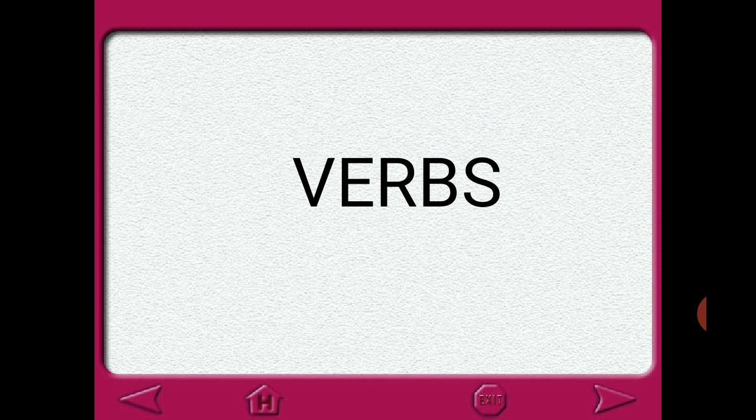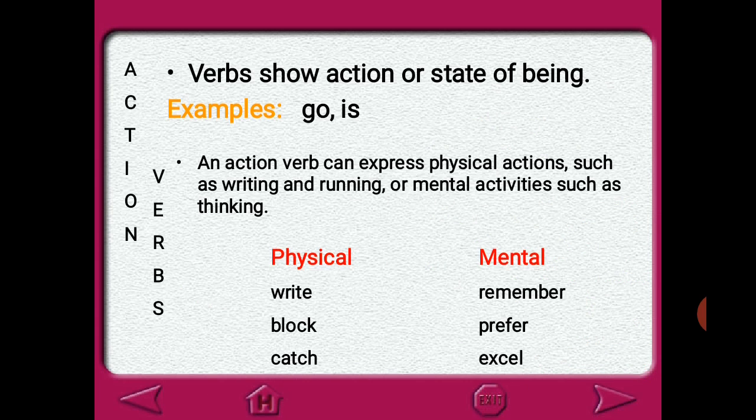Now come to the next part of speech, that is verbs. Verbs show action or state of being. Examples are go. Go shows an action, and is shows the state of being. An action verb can express physical actions such as writing, running, catching, blocking, or it can express mental activities like thinking.